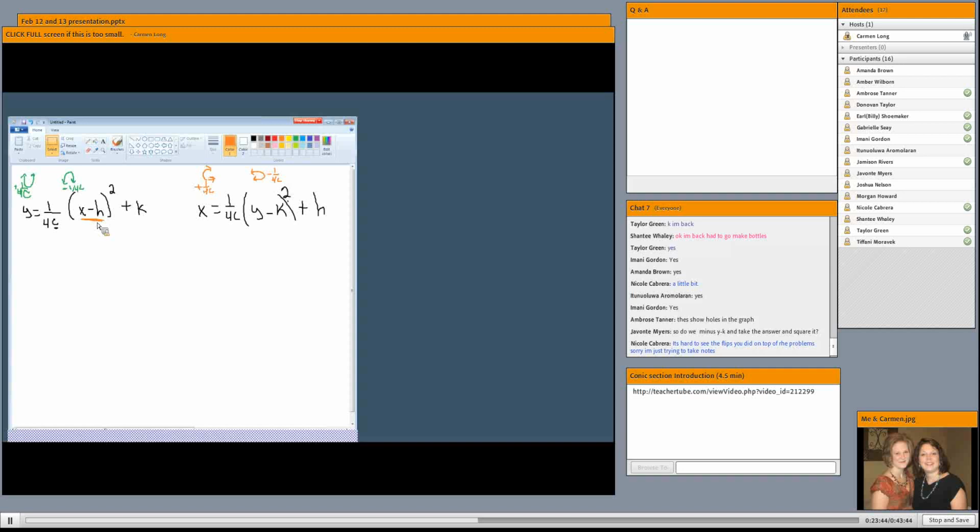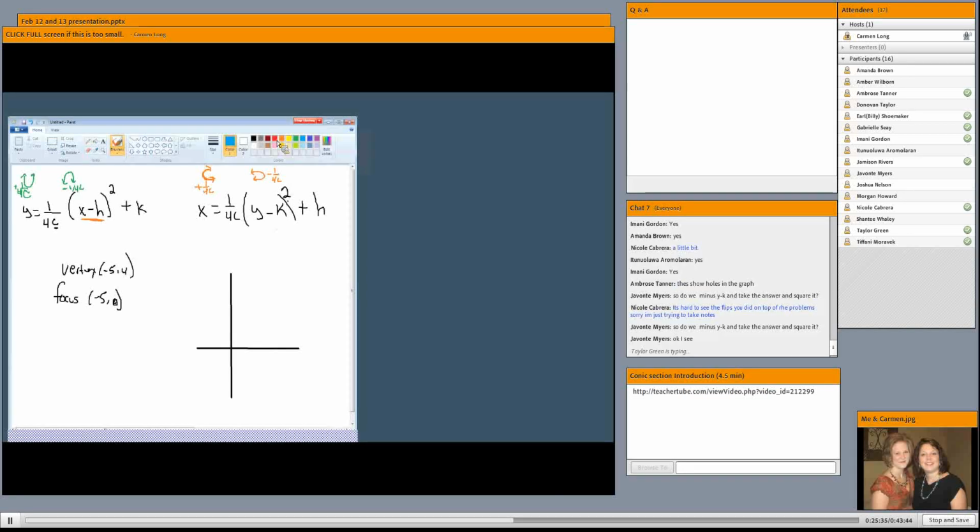It's at -5, 4. So we're going to call this -5. We're going to call this 4, and here's my vertex right there. My focus. Second, we're almost there. Which way is this going to open? Up, down, left, or right? If this is the vertex and this is the focus.